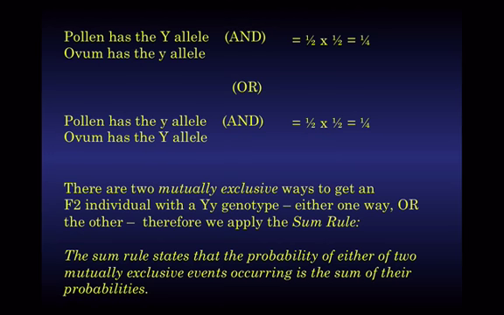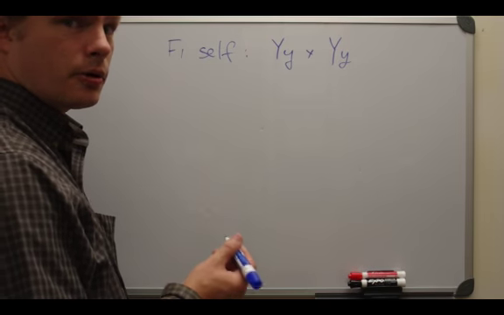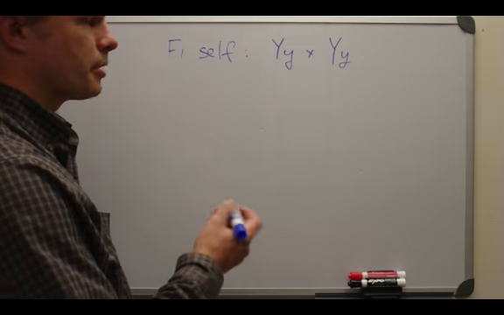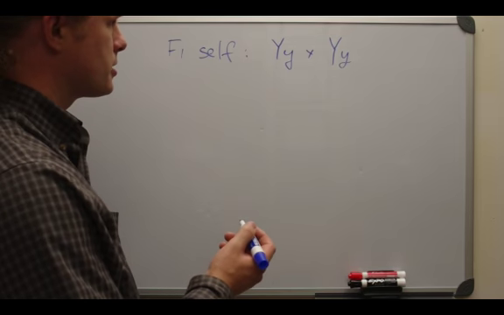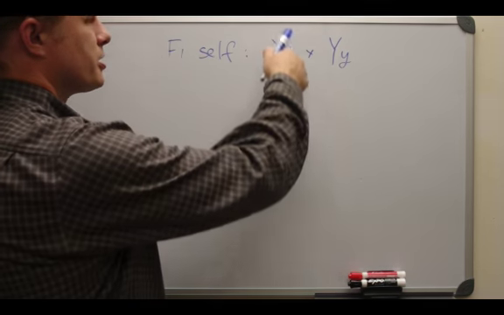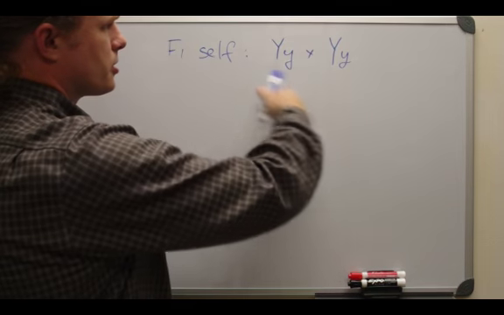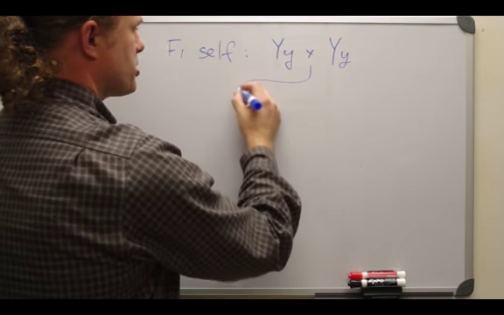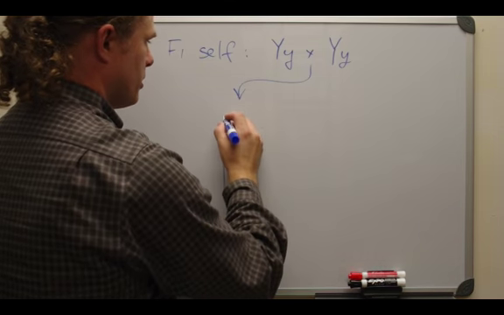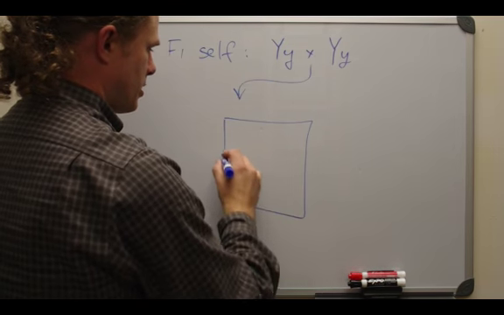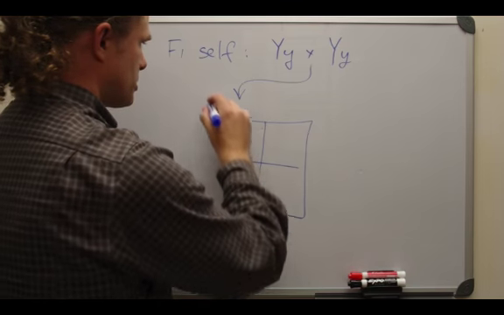What we'll do now is explore a method known as a Punnett square to graphically show how these different probabilities can be determined. Okay, so let's show how we can use a Punnett square to represent what's going on in an F1 self cross. An F1 self is simply crossing the heterozygous individual with itself. So this is the cross that we're looking at. A Punnett square is just a very convenient way to represent the gametes and the offspring involved in the cross.